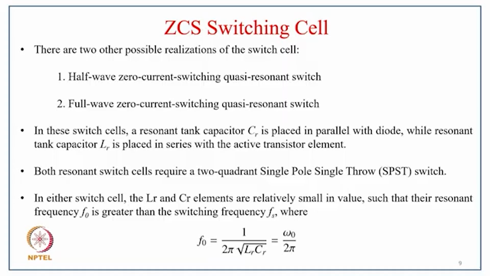So both resonant switch cells require a two-coordinate single pole, single throw switch, and in either switch cell, the LR and CR resonating elements are relatively small in value, such that their resonant frequency F0 is greater than the switching frequency Fs, where F0 equals 1 upon 2 pi root LR CR, or omega 0 upon 2 pi.